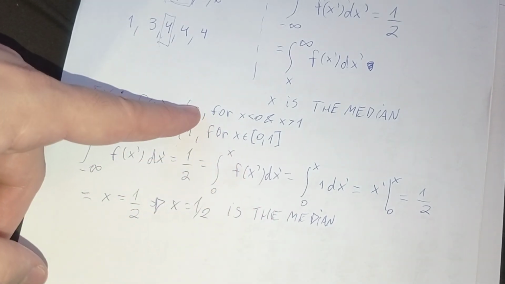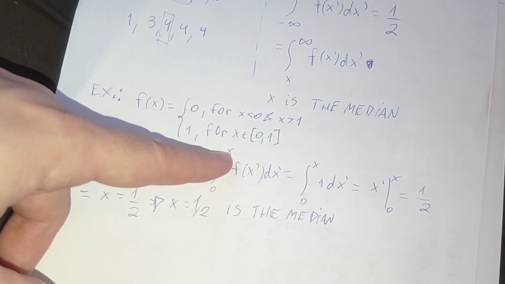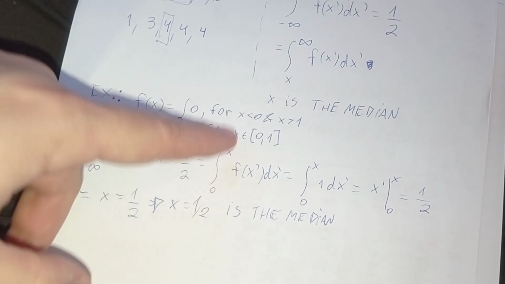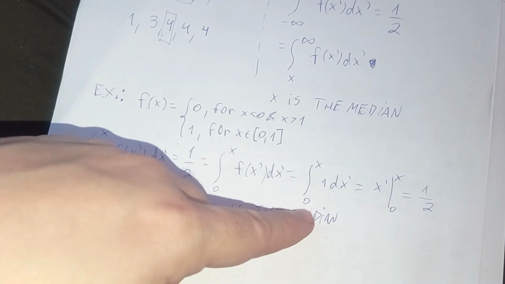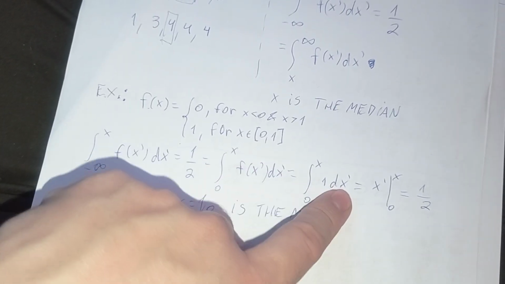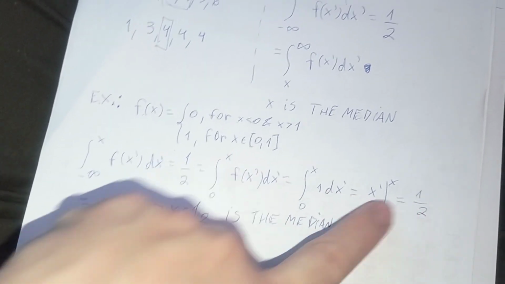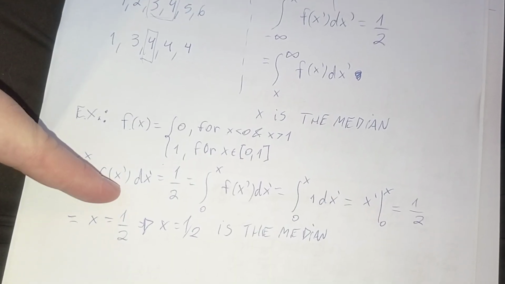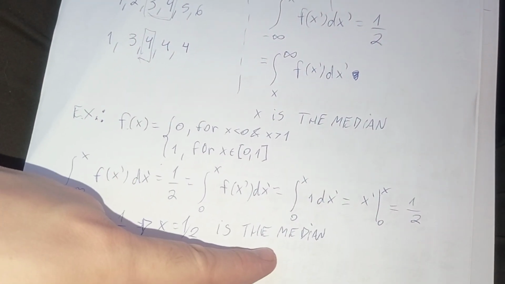So x at most can be 1, but it can't even be that, because the integration from 0 to x of 1 dx is going to be half, and it's going to be x, so x is equal to half, and half is the median of this distribution right here.